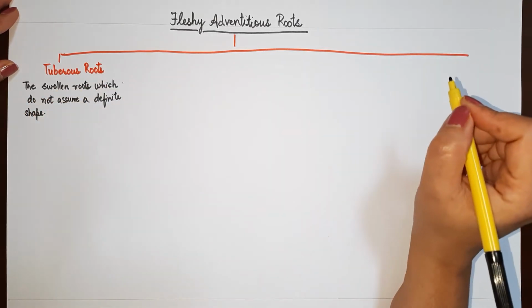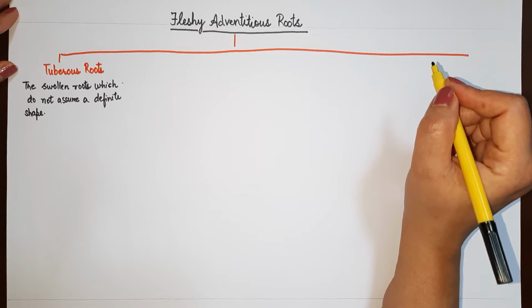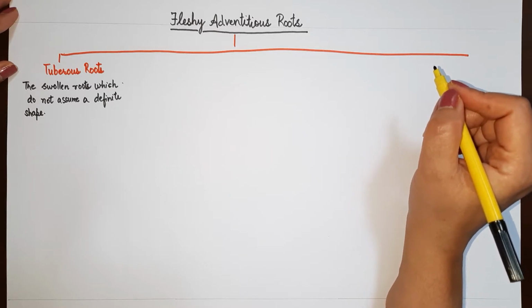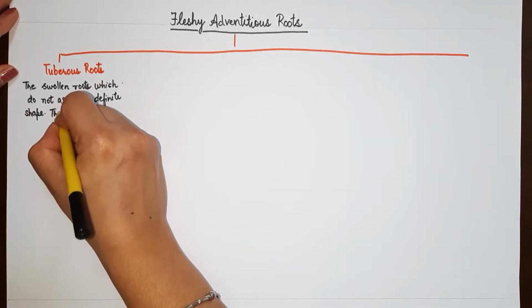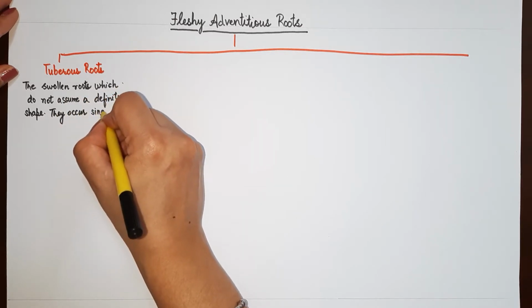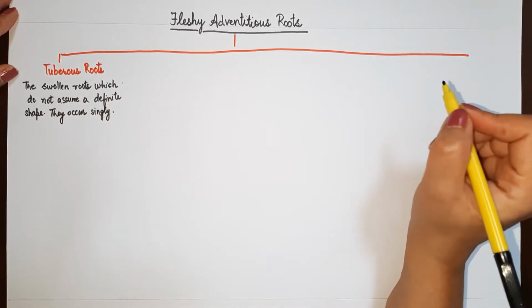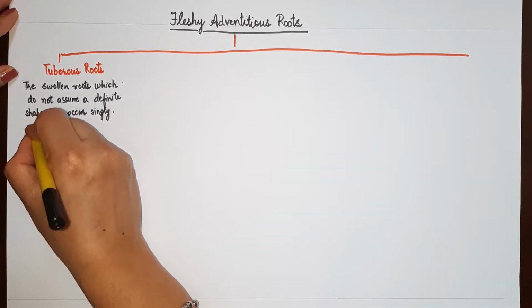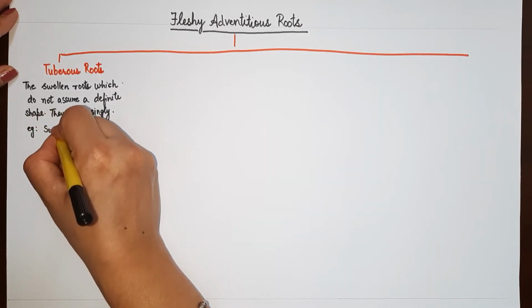Okay, so they don't have a particular shape. They are called tuberous roots and they occur singly. Now the common example in this case is sweet potato.